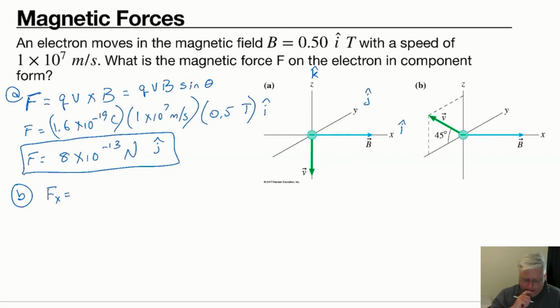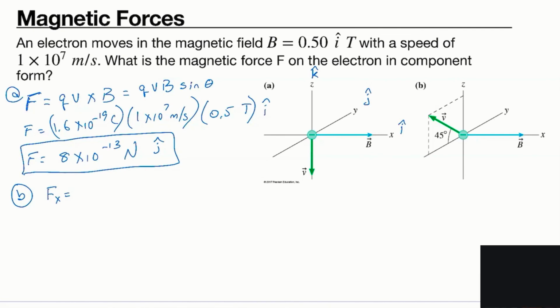Well, yeah. So let's look at the components. The components of the force in the x, the y, and the z directions. What do we know about the component of the force in the x direction? What do we know about force when the motion is in the same direction as the magnetic field? 0. 0, right?